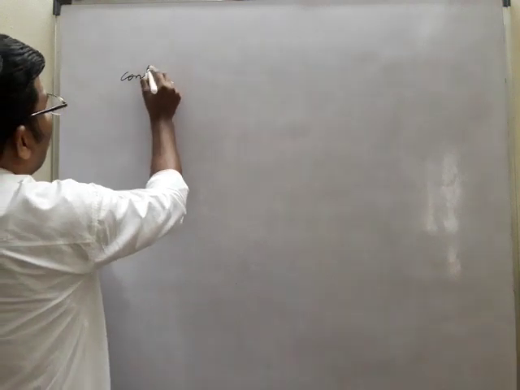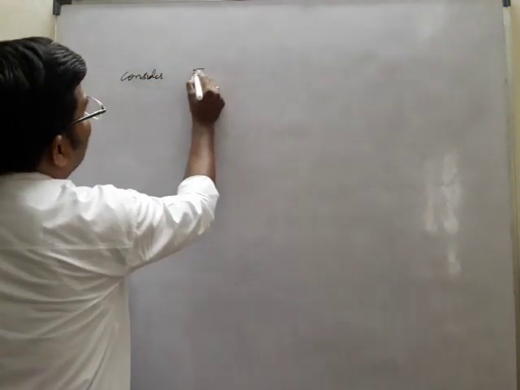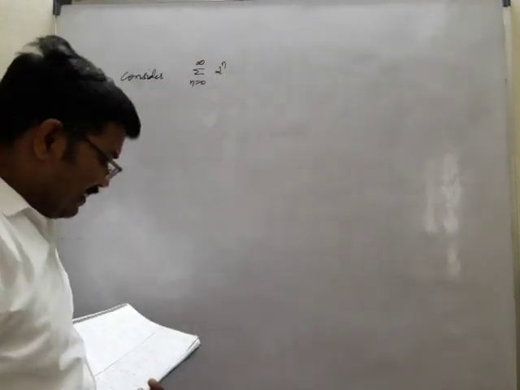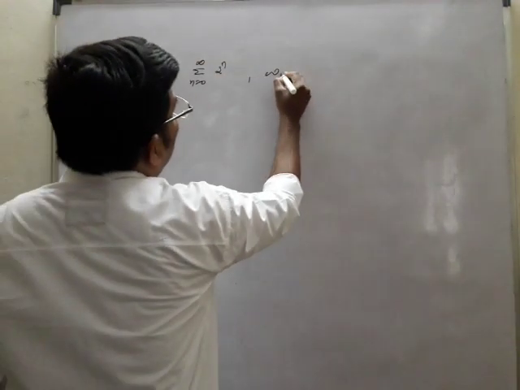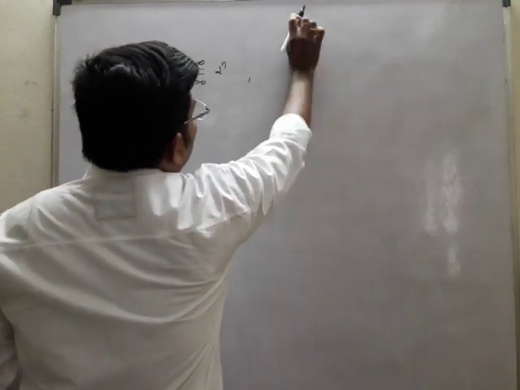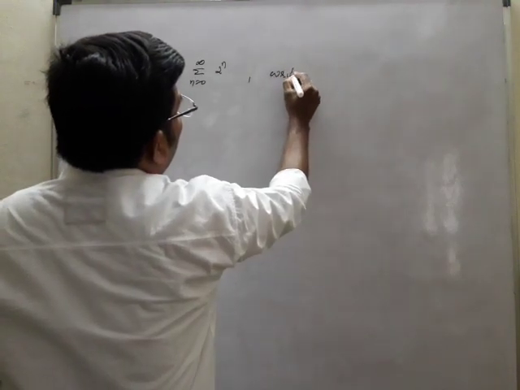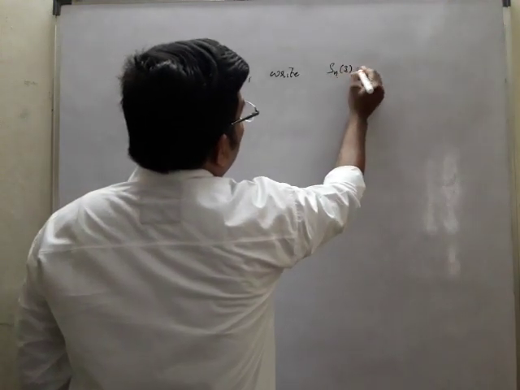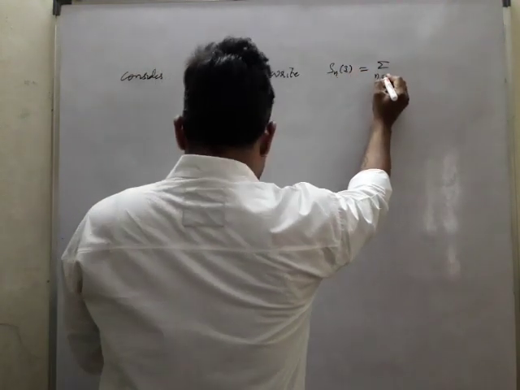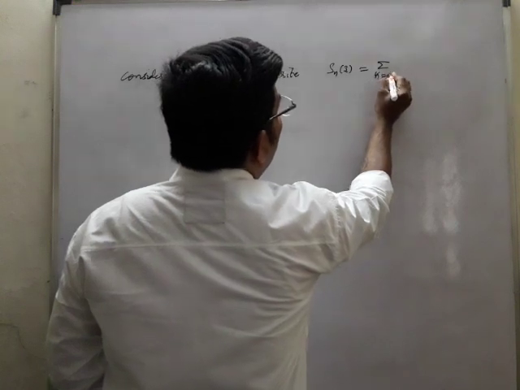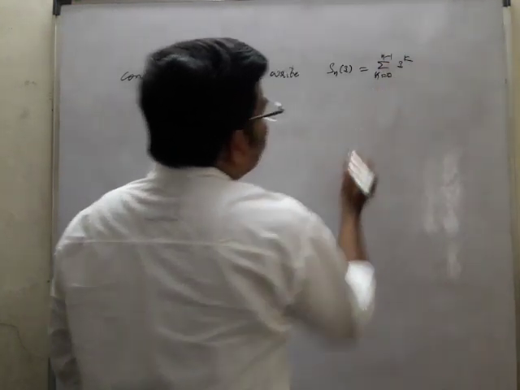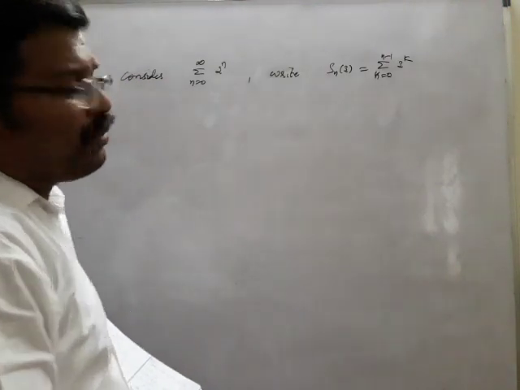Consider summation n equals 0 to infinity of z power n. And we'll write Sn of z equal to summation k equals 0 to n minus 1 of z power k, meaning all the partial sums up to n minus 1.